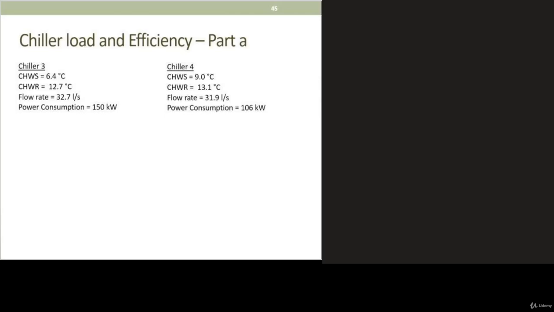You can find the load by using Q evap is equal to M C delta T. Your mass flow rate is your flow rate in liters per second, 32.7, multiplied by CW, which is the specific heat capacity of water, 4.19, multiplied by delta T. Delta T is the temperature difference between your return and supply, so it will be 12.7 minus 6.4.